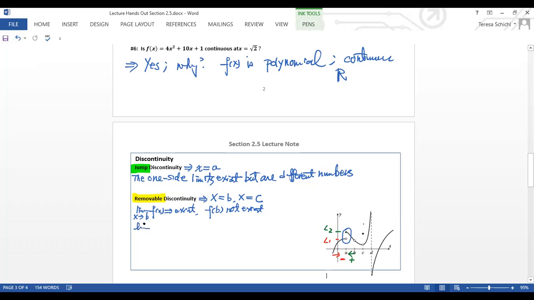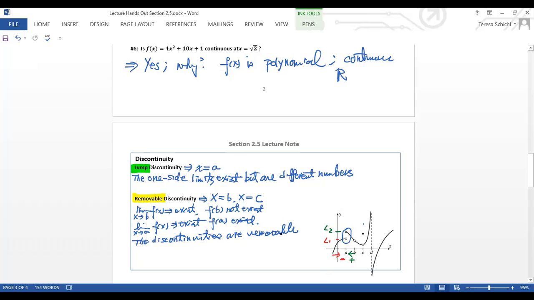Then also the limit as x approaches c of f of x exists, and f of c exists, they're just not equal. So both of these discontinuities are removable.